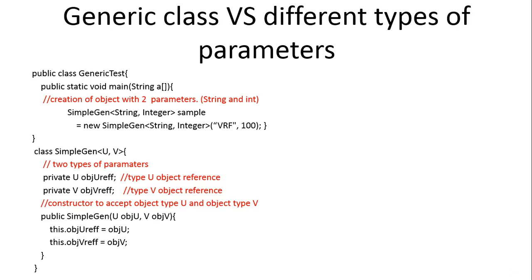It is done in public class GenericTest inside the main method, public static void main(String[] args), and we create an object of SimpleGen, creation of object with two parameters, String and Integer, and we pass vref and 100.